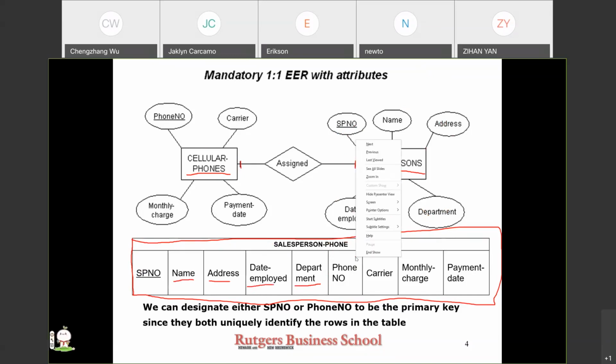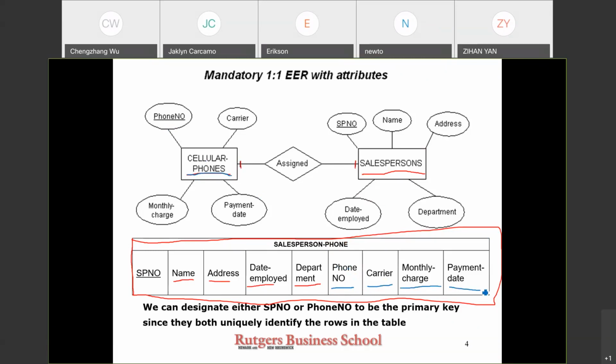Well, next, let's take a look at the other object, that is cell phone. Cell phone has four attributes. They are phone number, carrier, monthly charge, and payment date.